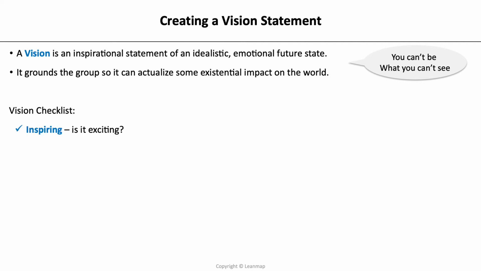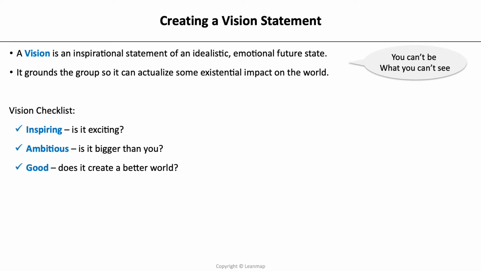And here's the checklist. A vision must be inspiring. So ask the question, is it exciting? It must be ambitious. So is it bigger than you? It must be good. Does it create a better world? It must be unique.